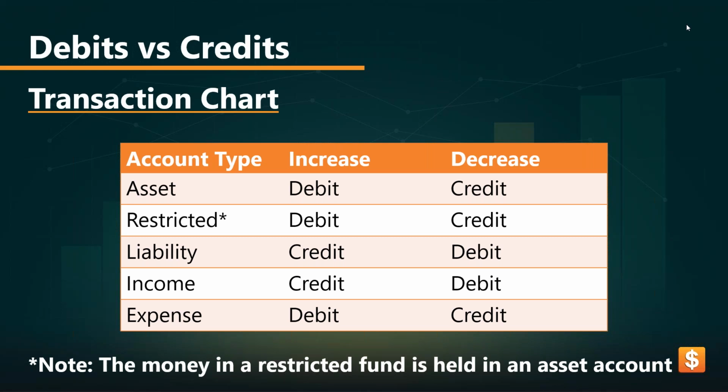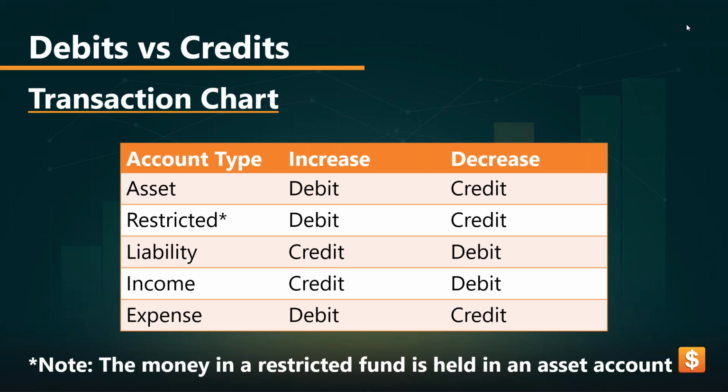So for asset accounts, if you're going to debit, that's going to increase and the credit will be decreasing. And right under that, we have restricted funds, which is kind of unique to the ledger software. It might be a little bit different from different financial softwares. It is different from the dedicated accounts in Shepherd Staff if you moved from there. The idea of the restricted account is that it's actually held in the asset account.